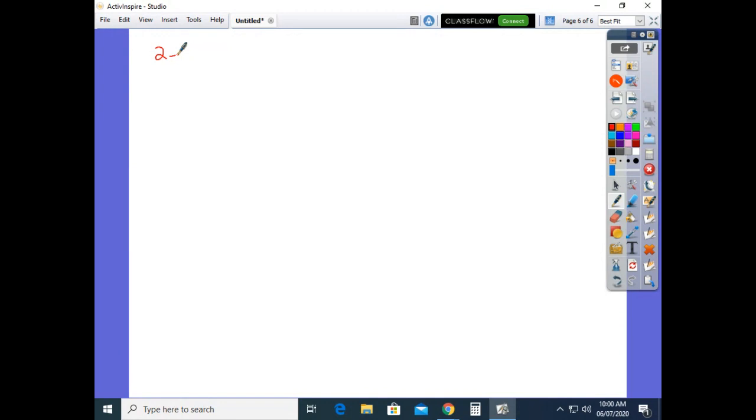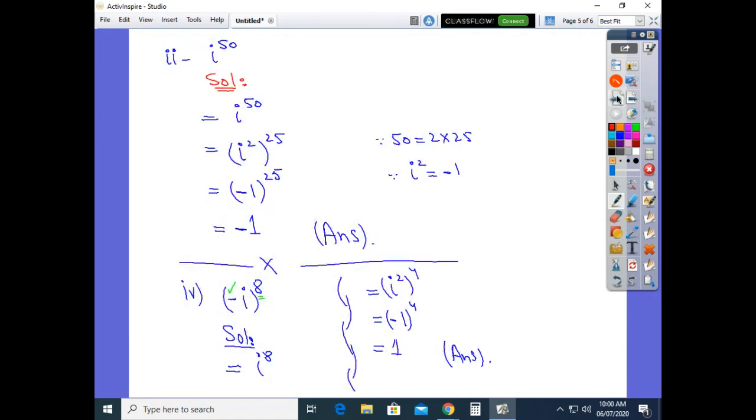Ahmed, what's your question? Sir, the previous part, minus 1 raised to power 8, please show it again. Ahmed, here you see that the power is even. If we apply an even power on negative 1, the negative sign becomes positive, because we multiply negative 1 eight times.